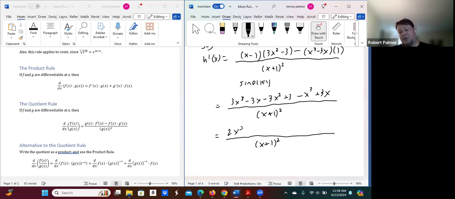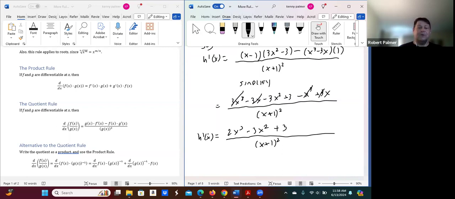That becomes 2x cubed. I'm going to cross these out as we get them. We have negative 3x and plus 3x. Those just cancel out, which is good. Then we have minus 3x squared plus 3 left, over x plus 1 squared. So that's our derivative.